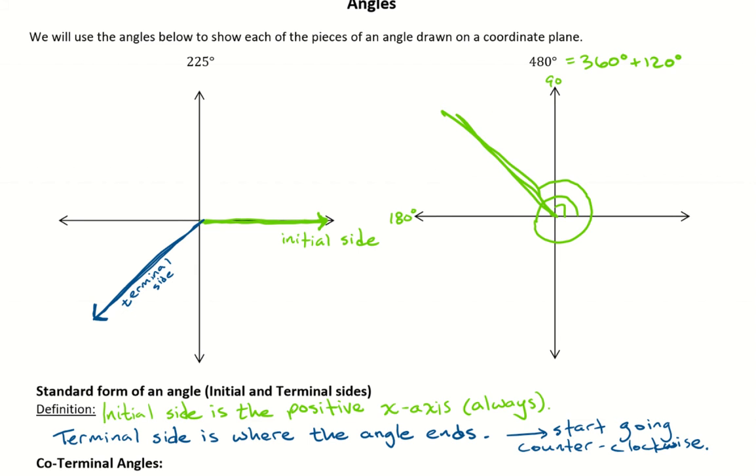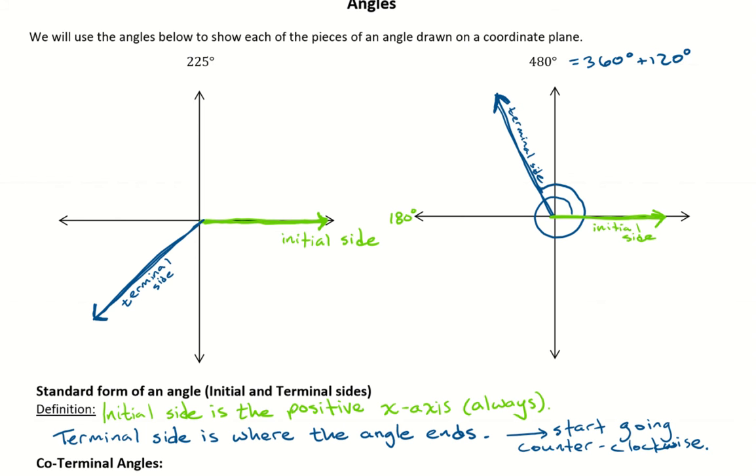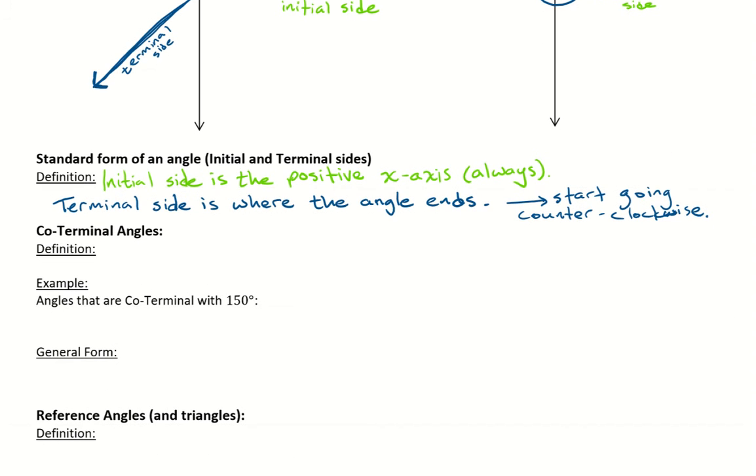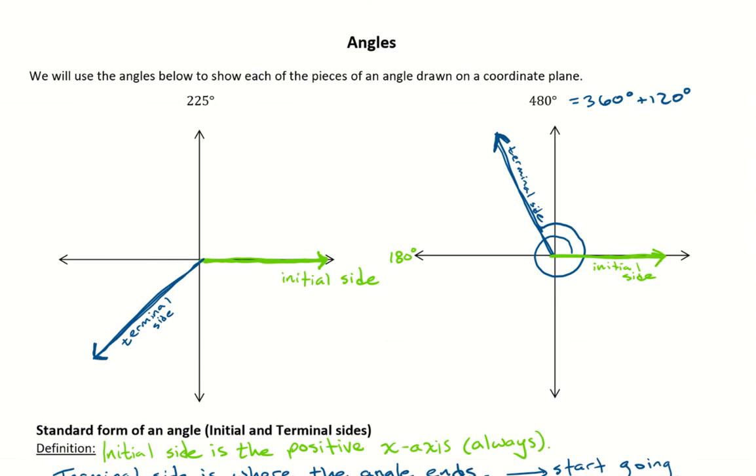Let's change the color though. The x-axis will be our initial side again, and that one's going to be the terminal side. Going back down here to the definition of coterminal angles, that still might be a little unclear. But if I drew 120 on this graph, it would be in the exact same place as 480.